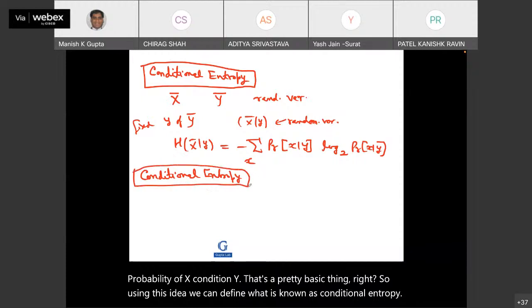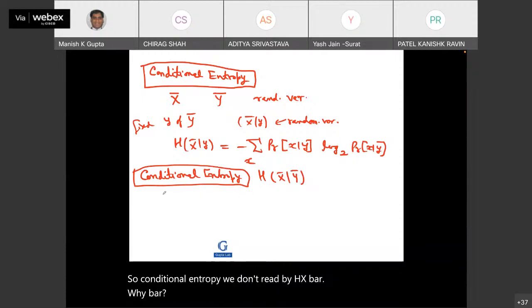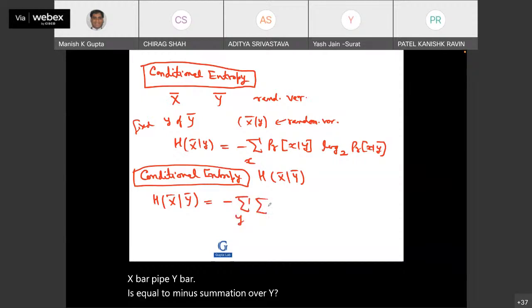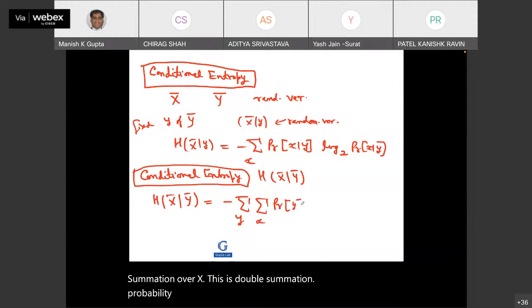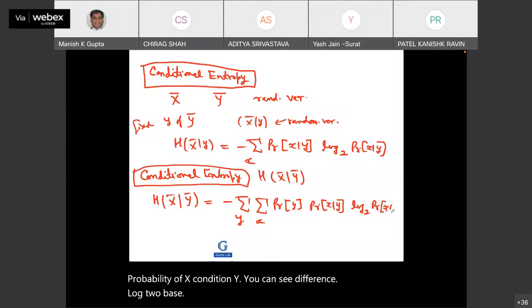Okay, so conditional entropy, we denote it by H(X|Y). H(X|Y) is equal to minus the summation over y, summation over x, this is a double summation, probability of y, probability of x given y, times log base 2 of probability of x given y.